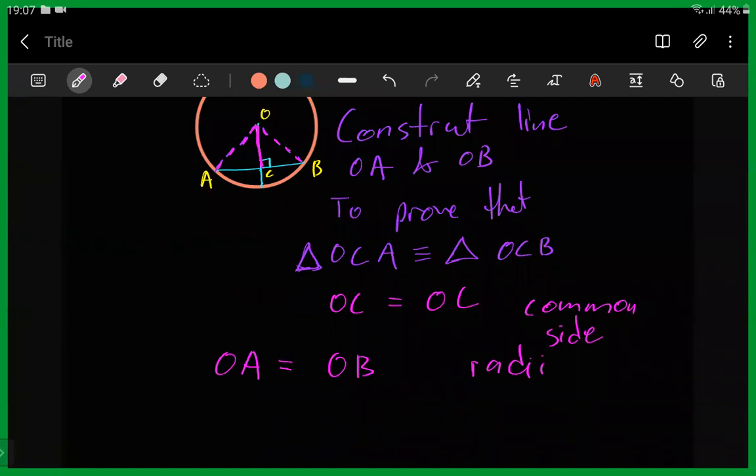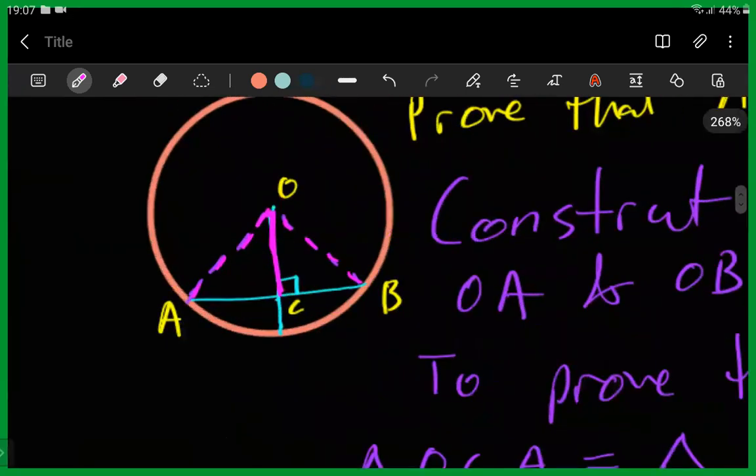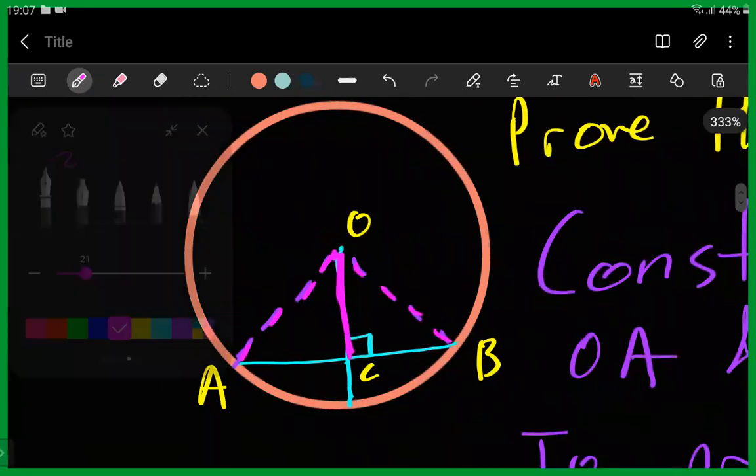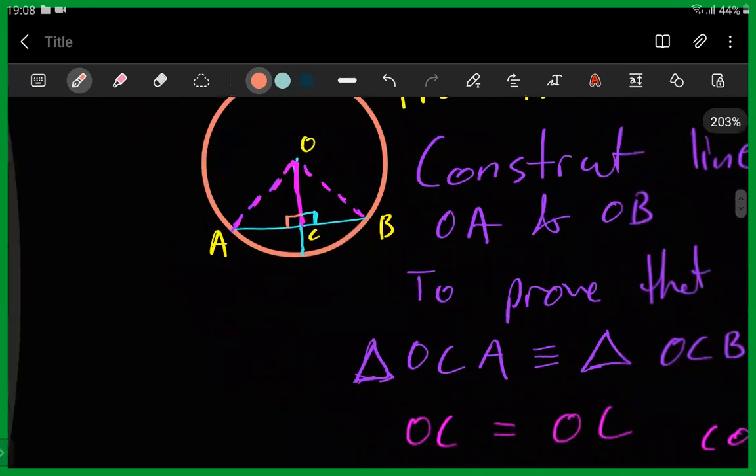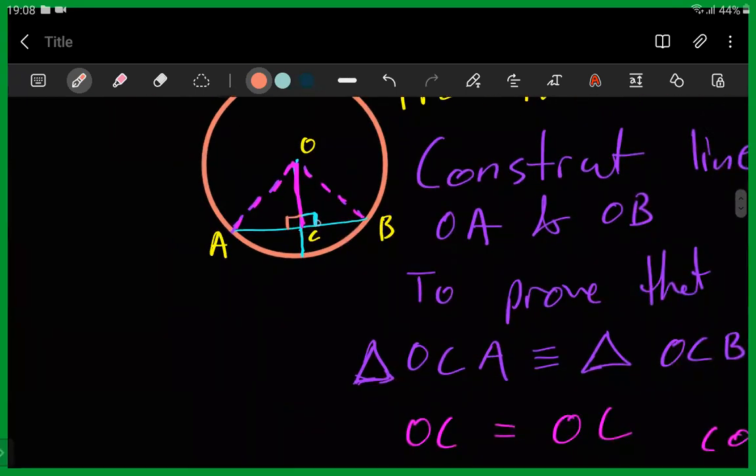Lastly, you already know that this is a 90-degree angle. So you're going to use that to say that the other side is also 90 degrees, because angles on a straight line add up to 180. So you would be wanting to say that this is 90 degrees, and you also be wanting to say the other side is 90 degrees.